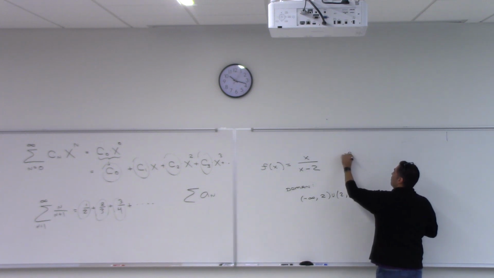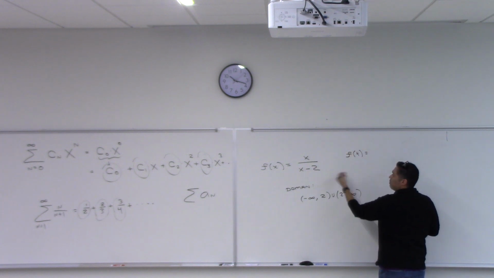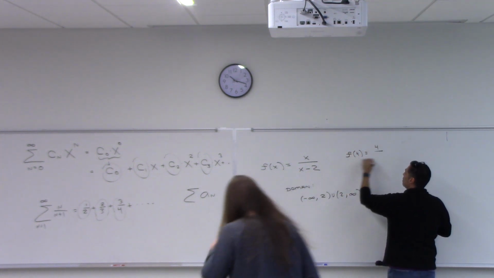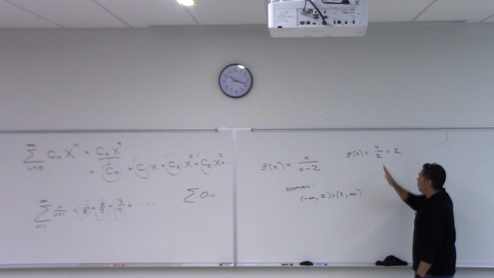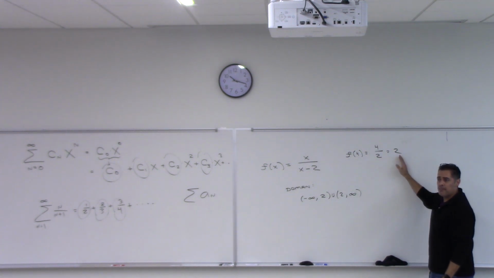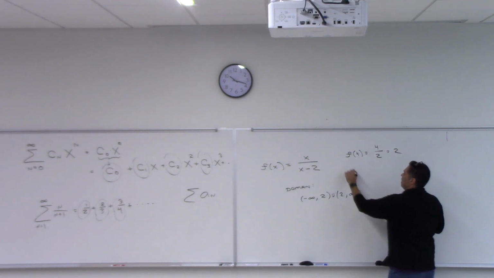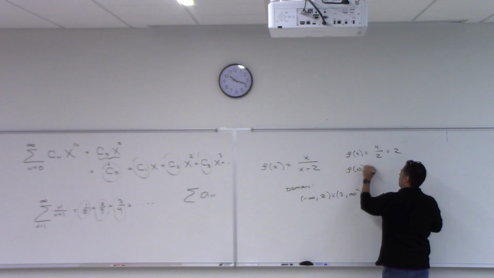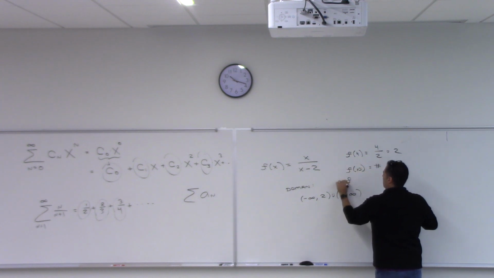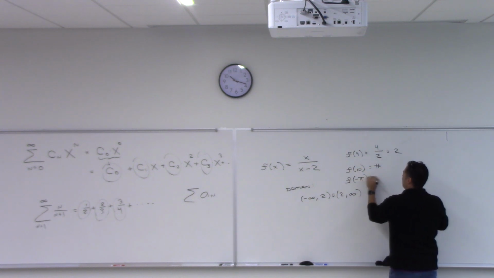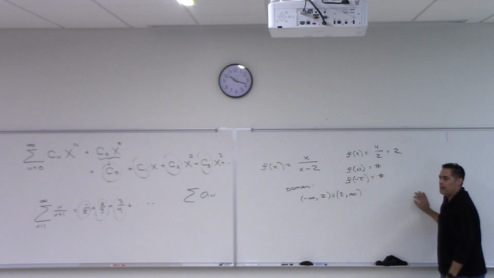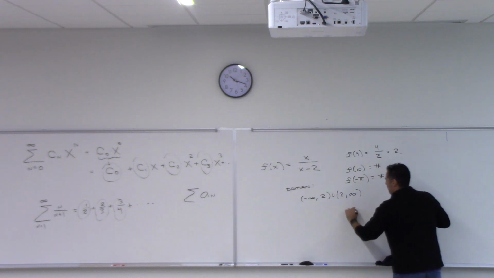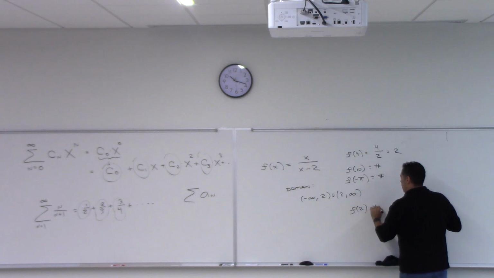Plug in 4, we get 4 over 4 minus 2, we get 2. We plug in 10, we get an answer. We plug in negative pi, we get an answer, don't we? The only issue we have is if we try to plug in 2, it's undefined.